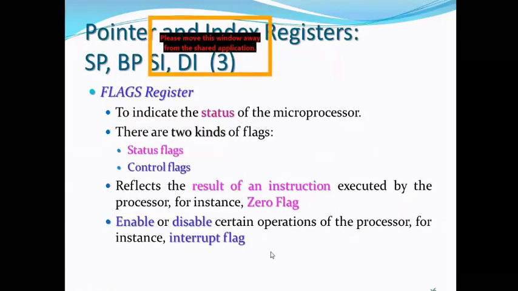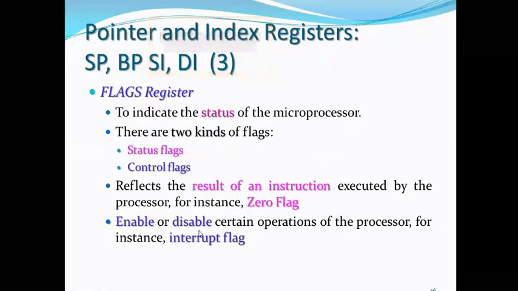The result of the interrupt flag can enable or disable the activities of the microprocessor. So the microprocessor can understand, okay, this time it's enabled, so it can be processed, or the CPU should give the time, the cycle.